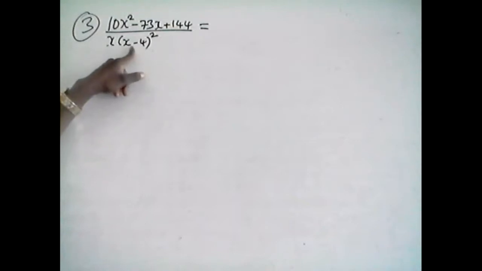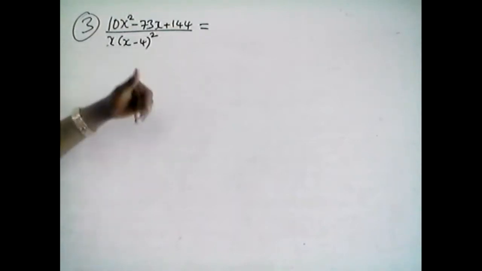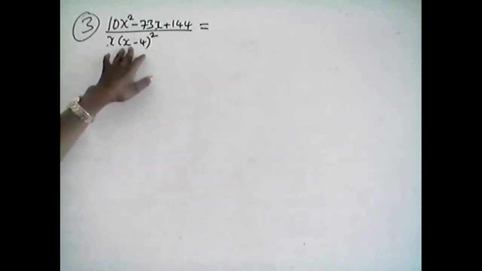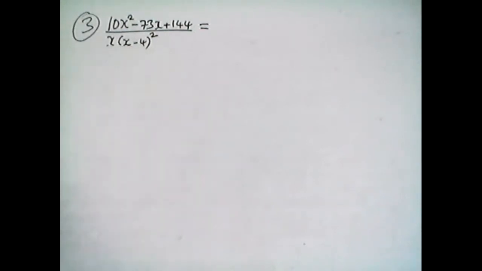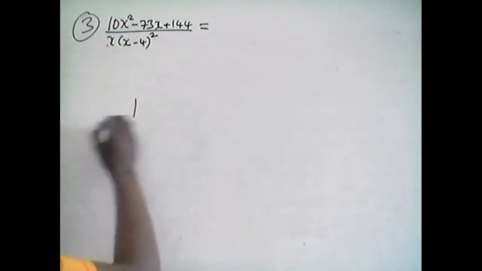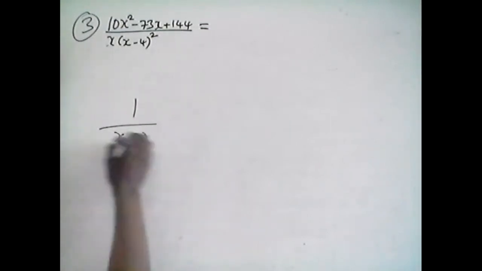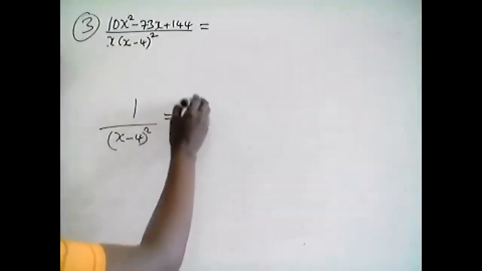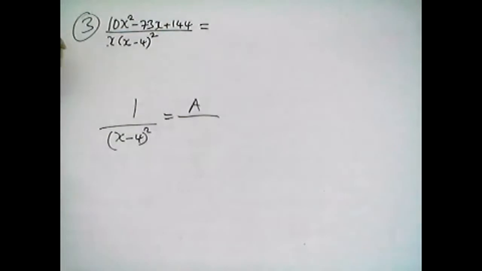So when we have repeated roots, how do we express our values? Let's say for example you have 1 over x minus 4 squared. It will be A over the inside part.